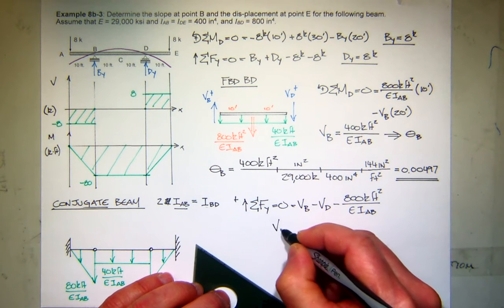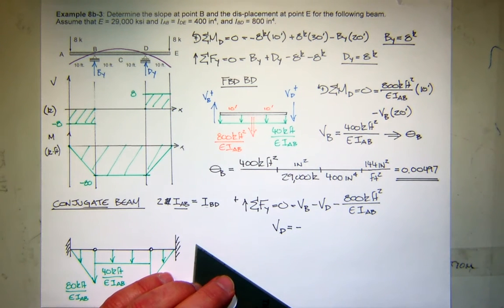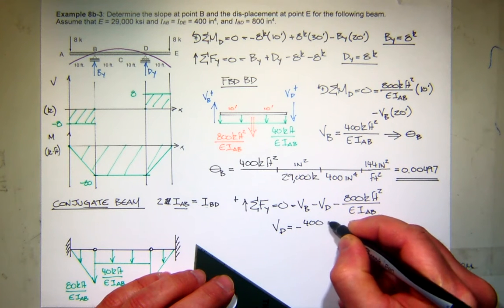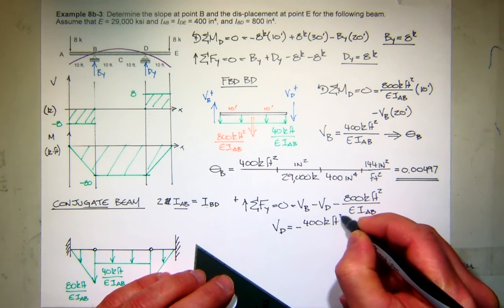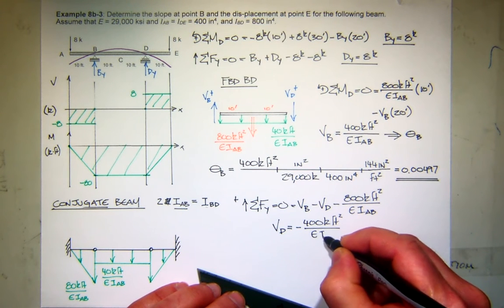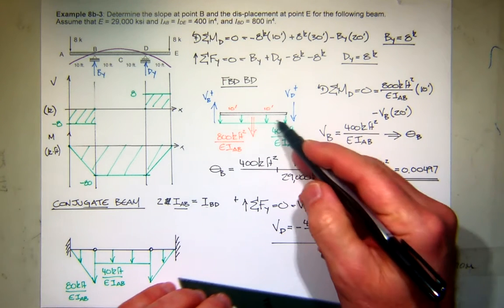So the shear at D should be negative 400 kip-feet squared over EI_AB. That should not be a surprising result for this free body diagram.